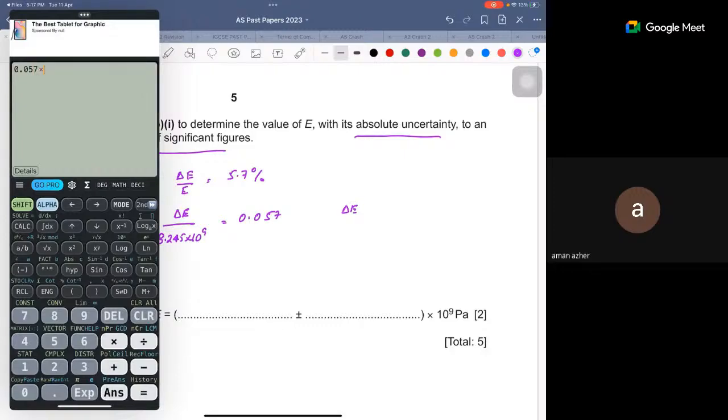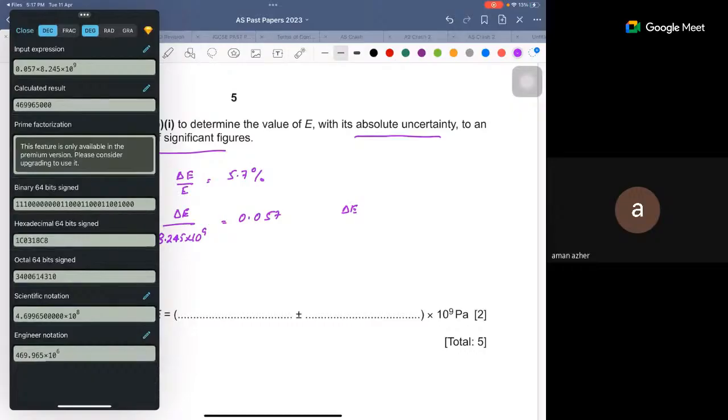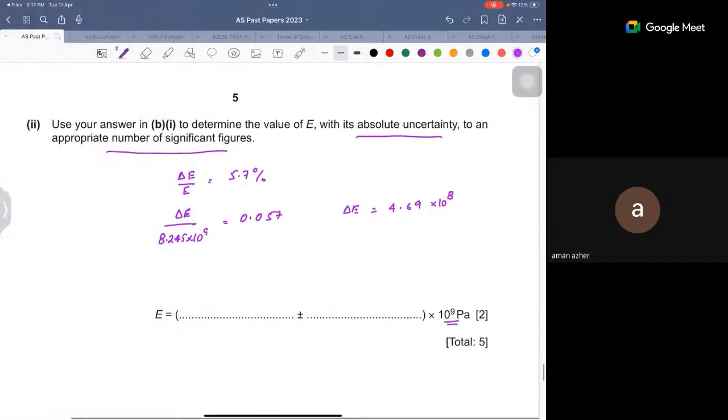And then multiply 0.057 times 8.245 times 10 raised to power 9. So I'm getting an uncertainty of something like 4.69 times 10 raised to power 8. Now, the answer needs to be given in 10 raised to power 9.